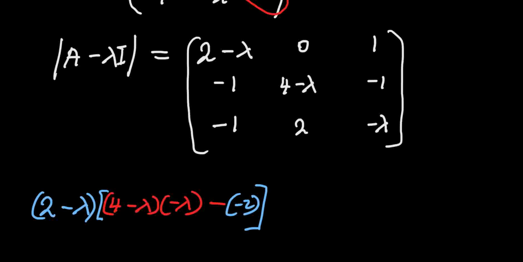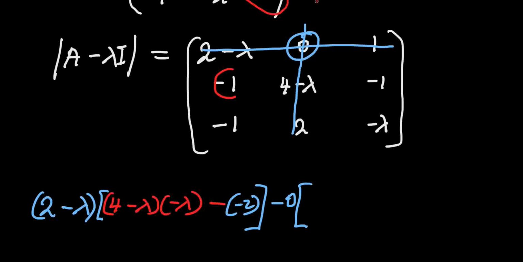Next, we pick this, which is 0, and that will be -0, open a bracket. So you put the whole of this on hold, and then use this to multiply this.